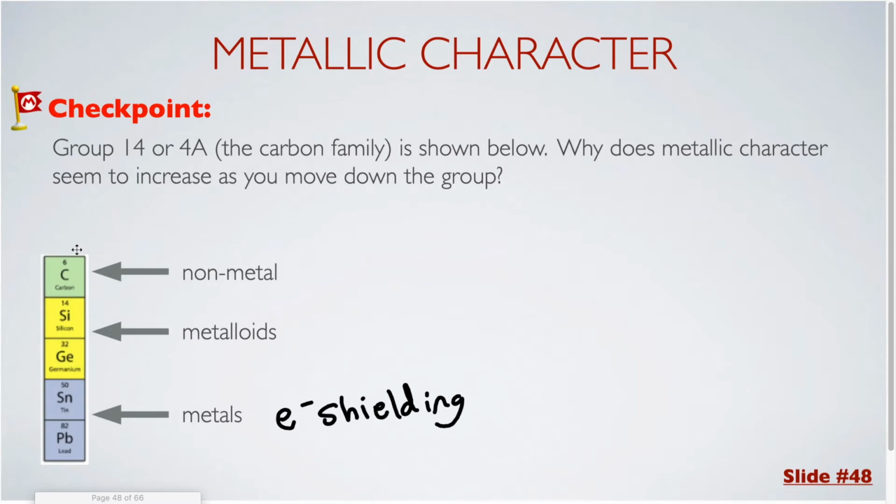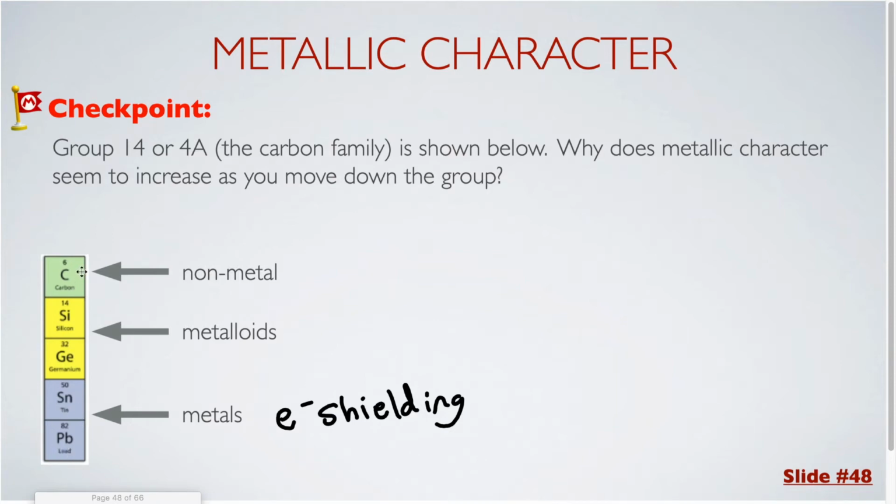While all of these elements have the same number of valence electrons, they all have 4 valence electrons, when I get down to the bottom, because of all the shells of electrons standing between the last 4 valence electrons and the positive nucleus, it's going to be easier to remove those electrons, which is a metallic trait.